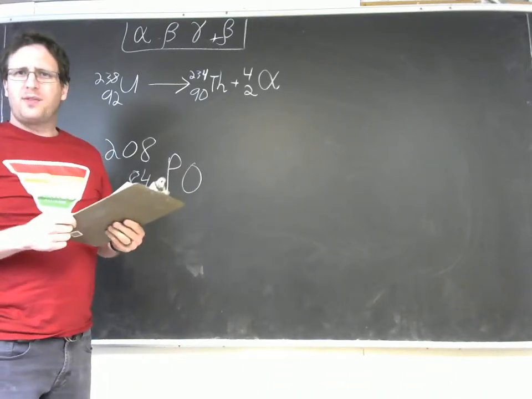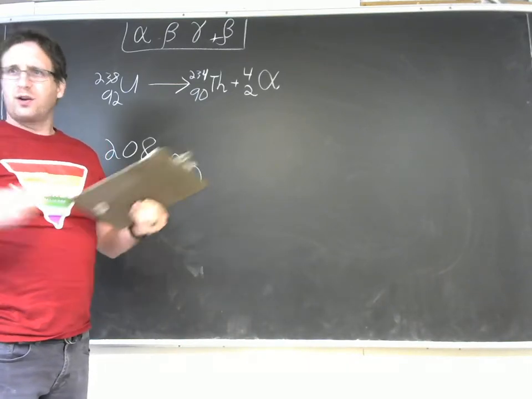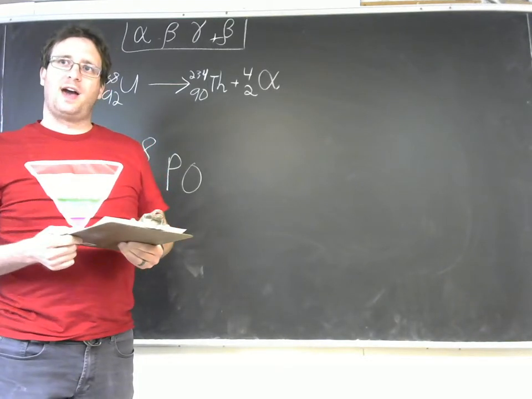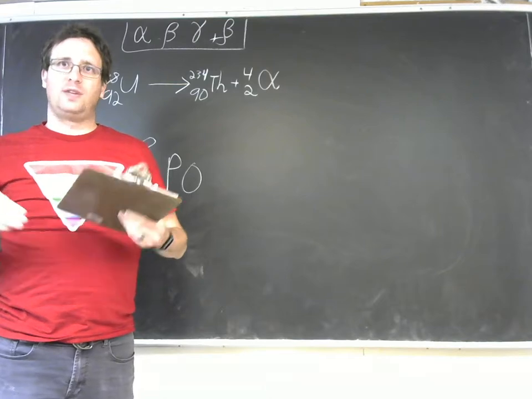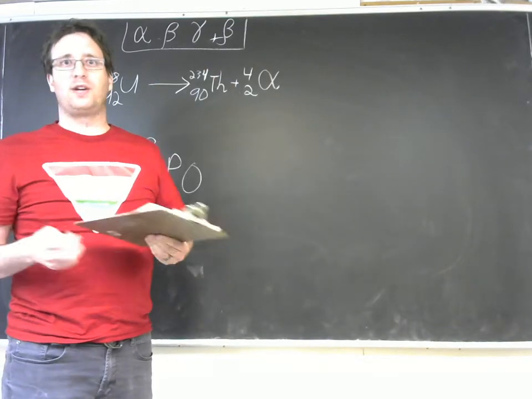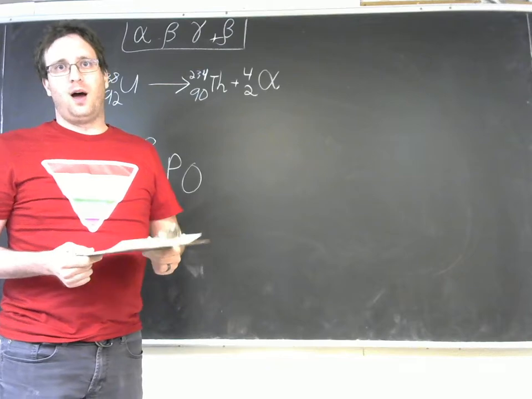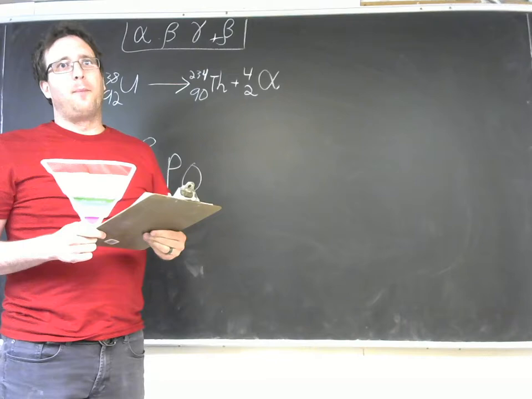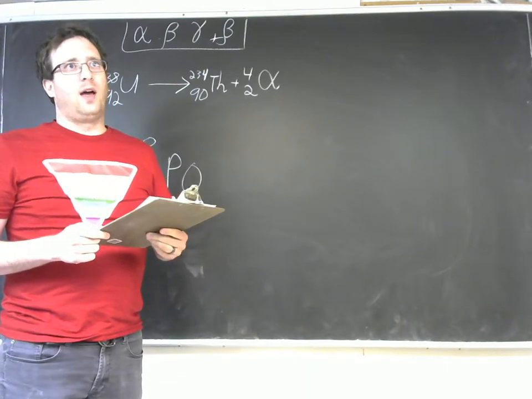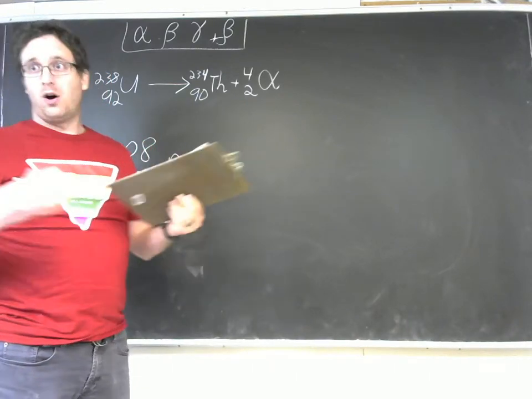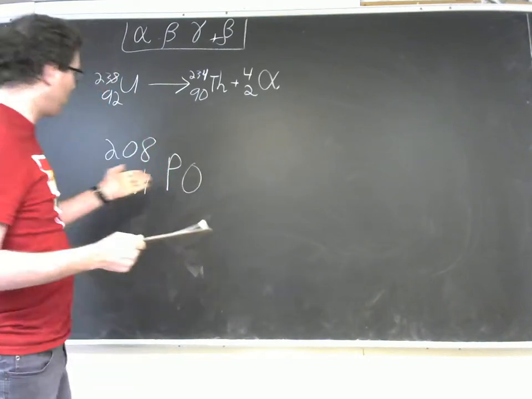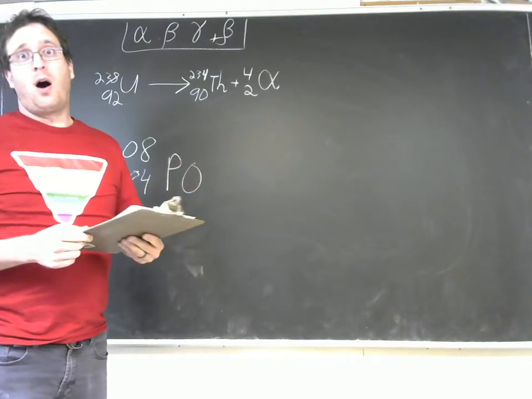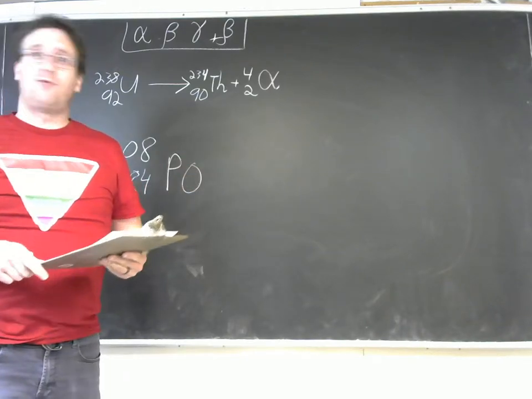But other elements don't occur naturally, and that's because they decay so rapidly that if they were formed early in the formation of our solar system, which was, what, 8 billion years ago or so, then they'll have long since decayed away. So polonium is one of those. Most of the larger elements beyond uranium are ones that you don't find in nature.